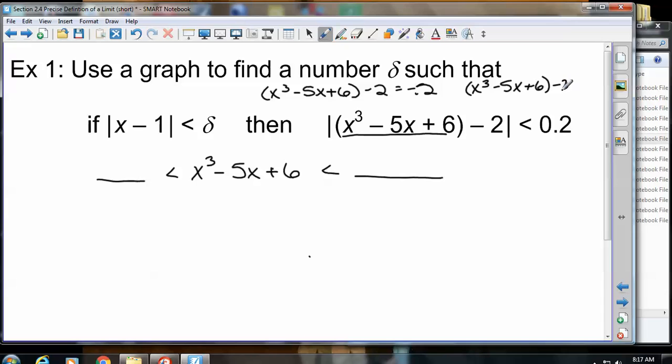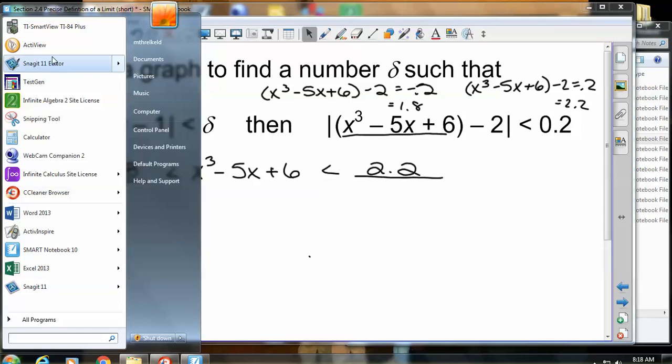You're going to do absolute value. So if I solve for this function, if I add my 2 over, we get 1.8. If I added the 2 over on this one, I get 2.2. So the actual function itself needs to fall between 1.8 and 2.2, so that when I subtract 2 from it, the distance is less than 0.2. Okay, we are going to use the graphing calculator to find this.